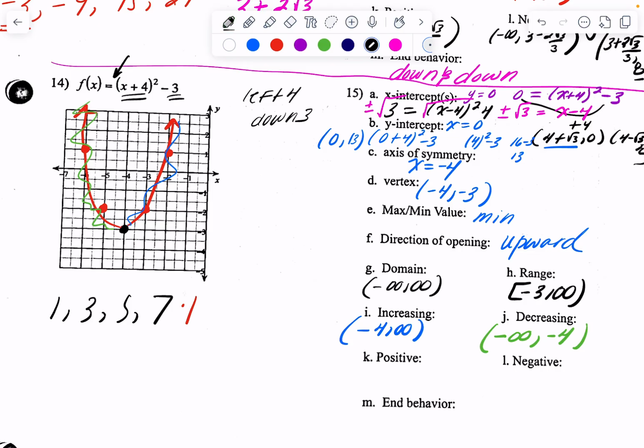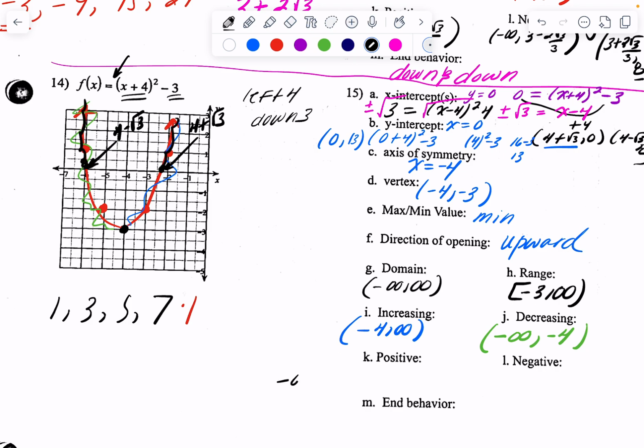Positive, again, is a little harder because you have to go off of x-intercepts. They're just not the pretty values. Remember, this one would be -4 minus root 3, and this one would be -4 plus root 3. So we're positive above the x-axis, so like this right here and this right here are positive.